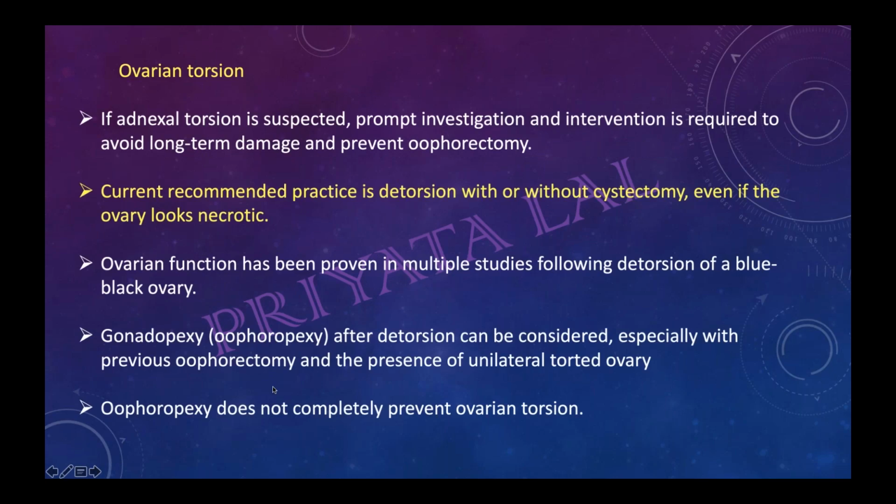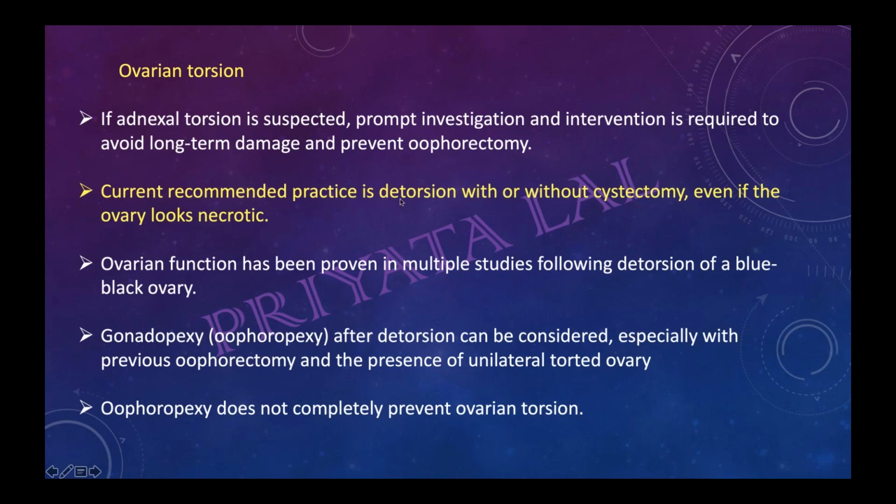Okay, good. So, what is the treatment for ovarian torsion? Many times you will find this question. If adnexal torsion is there, we have to do surgery as early as possible to avoid any long-term damage or oophorectomy. So, what is the current recommendation?